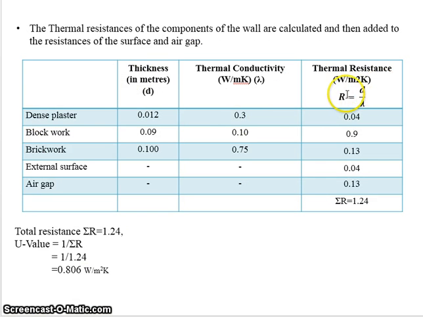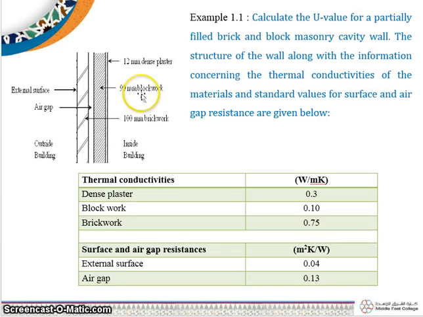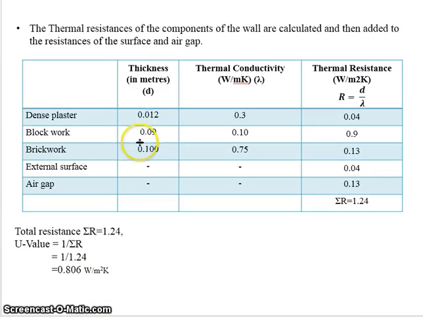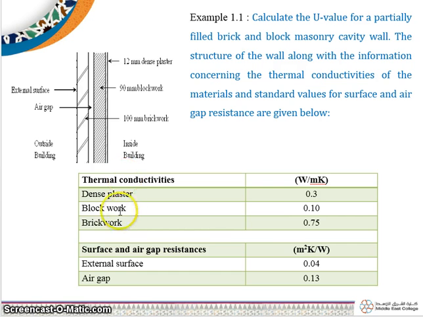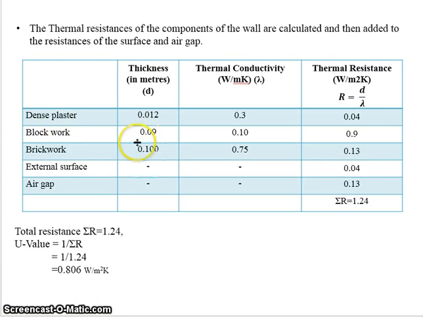If you solve R = d/lambda, it is 0.04. Like this, for the block work, take the thickness as 0.09 meters, as it is 90 here. The thermal conductivity of block work is 0.10. Like this for brickwork, you calculate d divided by lambda to get this value.